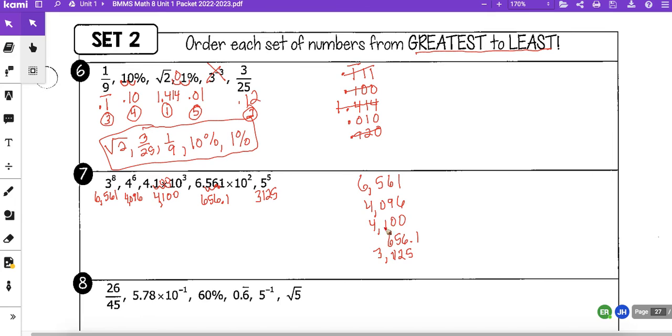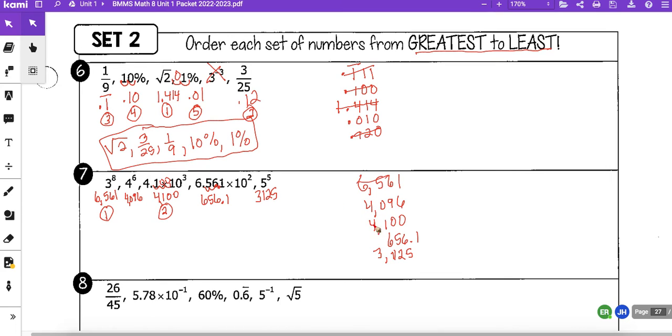Okay, now, because I'm going greatest to least, and none of these have decimals, I can just look at the beginning part here. So we have 6,561. Okay, that is going to be the greatest. So we're going to put a 1 there. Now the next greatest is going to be 4,100. So we're going to put a 2 there.